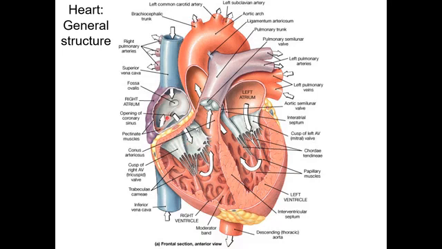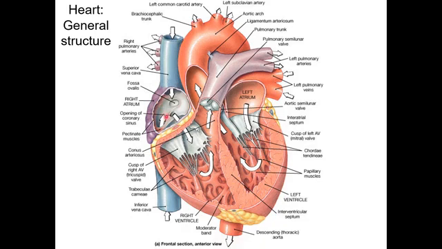Because it is a pump, it must receive the fluid it pumps, the blood, and the receiving area of the heart is the veins. Always, whatever brings blood to the heart is a vein, and it pumps this blood through the arteries. So the direction of blood flow must always be in one direction.